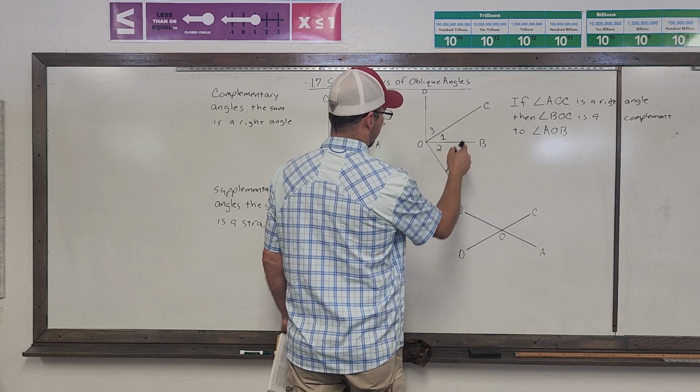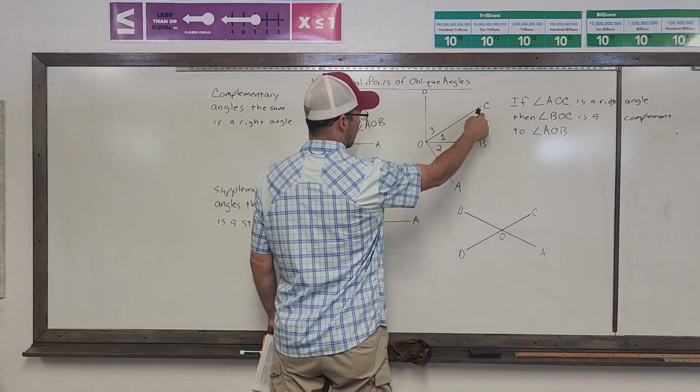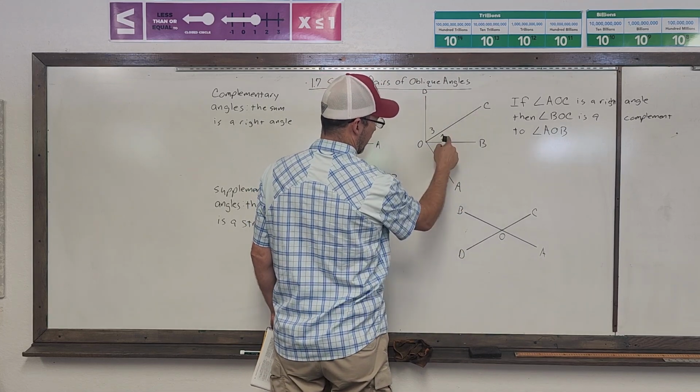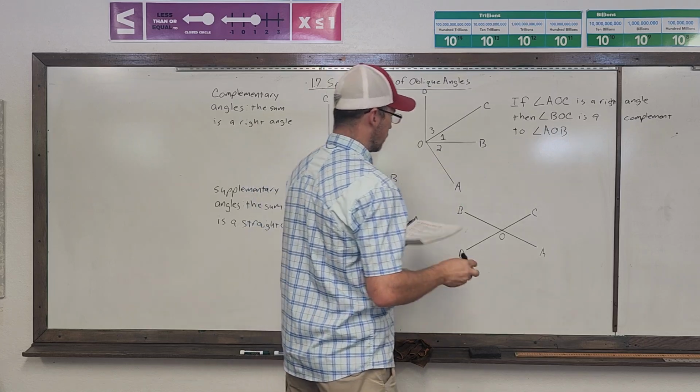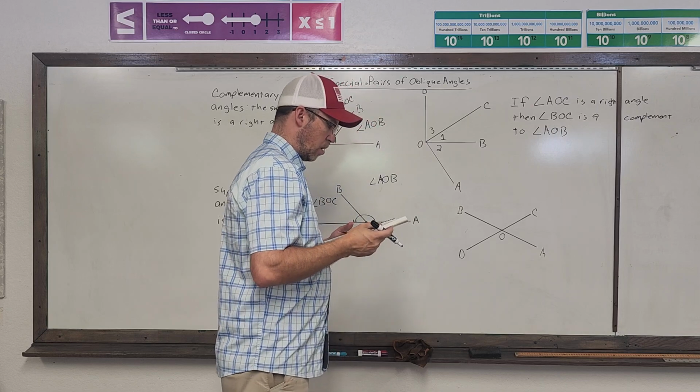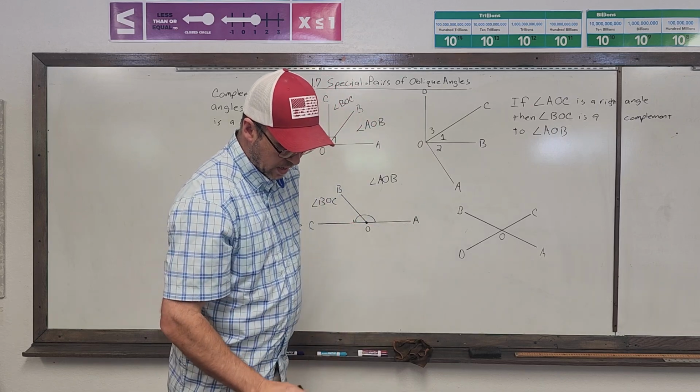So what they're saying is, if angle AOC is a right angle, then angle BOC, or angle 1, is a complement to angle 2, which is BOA, or AOB.